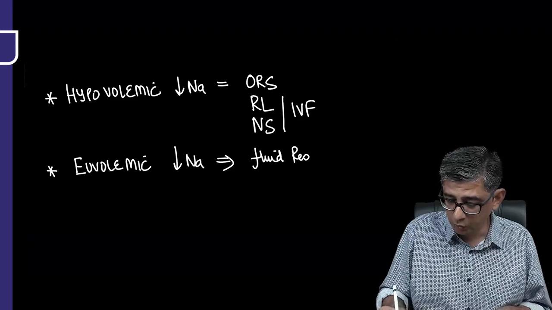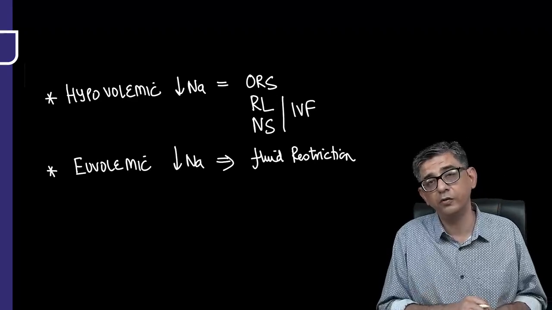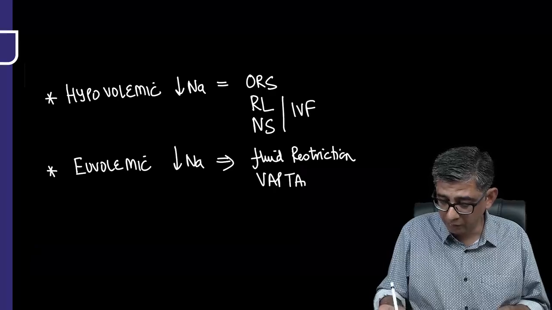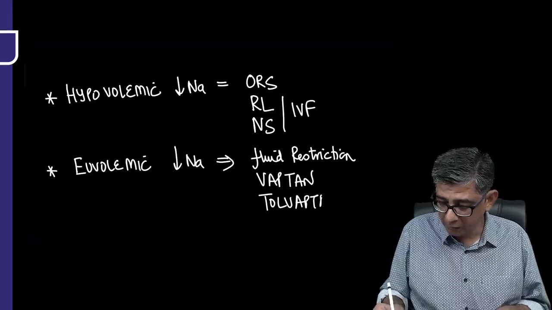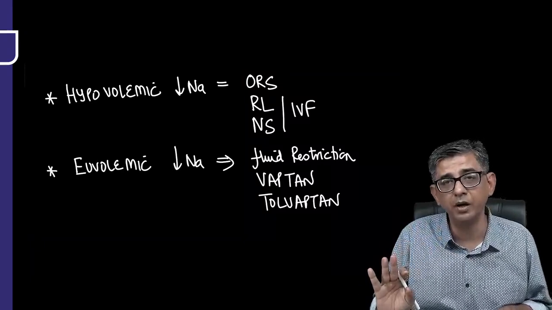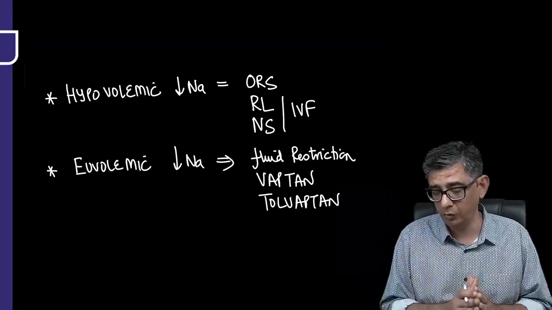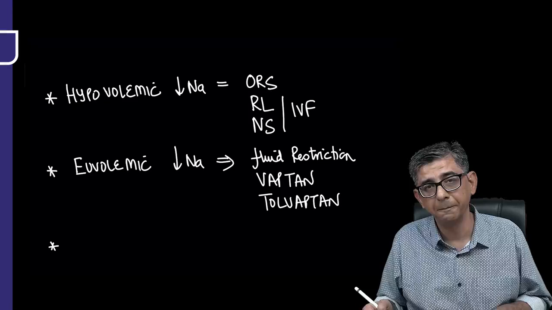Obviously, because if the total body water is more, then I'd like to go in for fluid restriction. And I would also like to give vaptans to the patient like tolvaptan, for example, so that I can counteract the excess. At least whatever has happened has happened. But if I block V2 now, I will be able to prevent the reabsorption of water coming in. That's why the term was euvolemic hyponatremia.